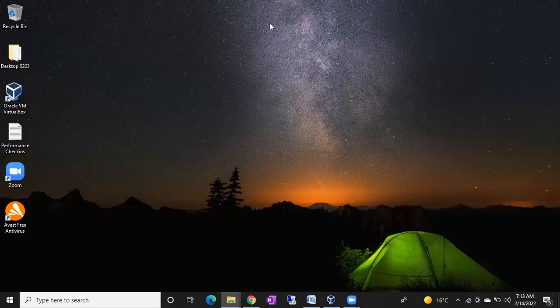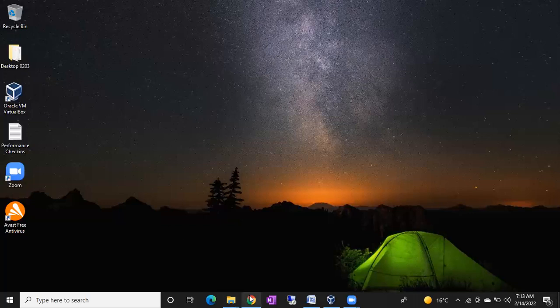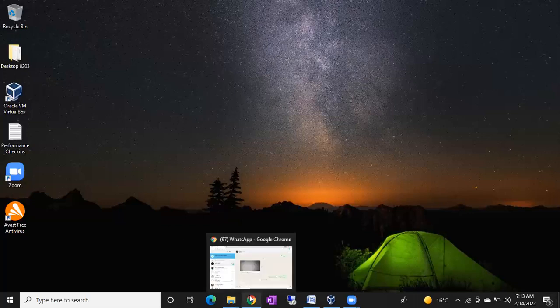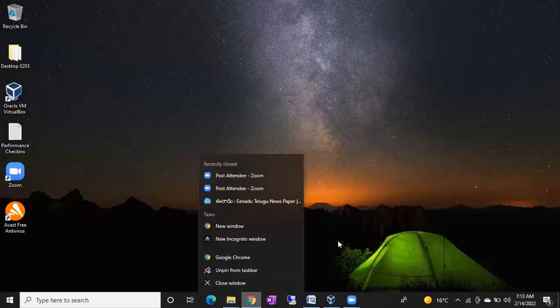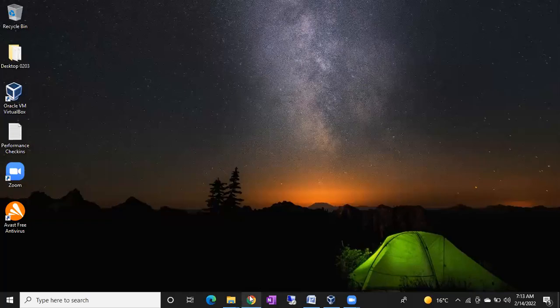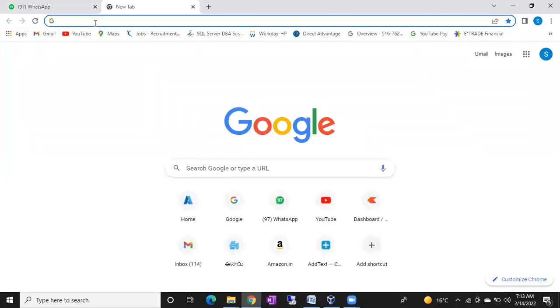Any other questions, guys? Yes, please. Whenever we run sp_helpdb, in the results we are able to see the compatibility level. So that means it supports a particular DB for the same compatibility level number, right, sir?